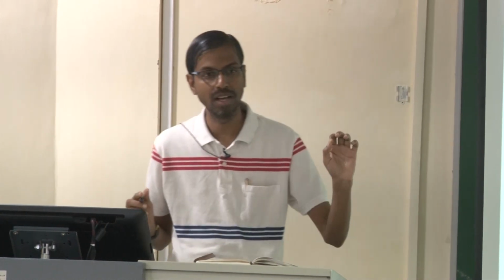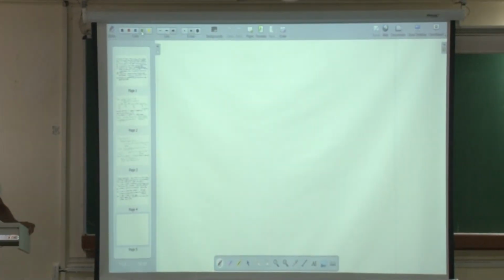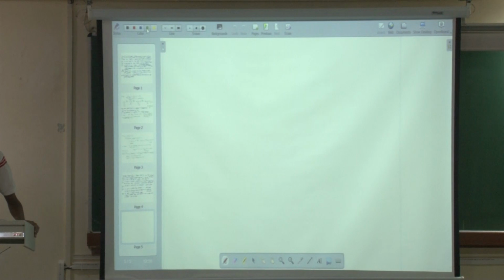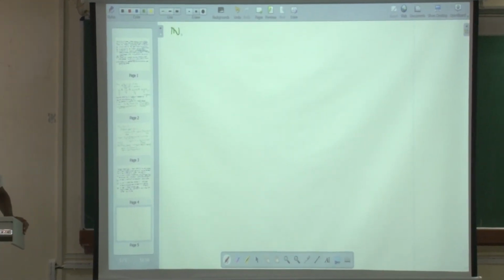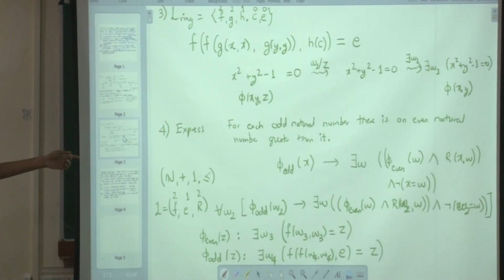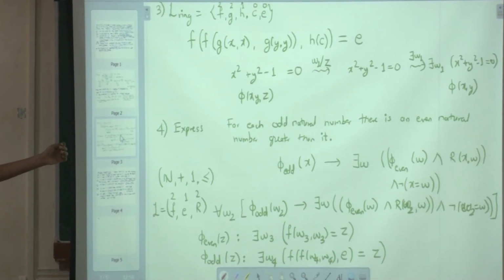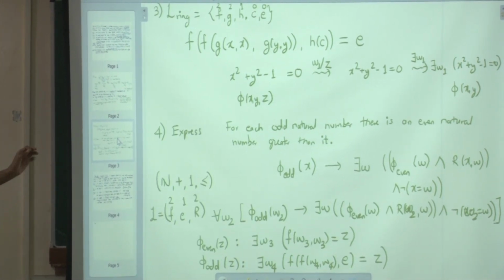I should do one example before we leave. Let us say the same example that we were trying to do here, n plus 1 less equal. And I will only talk about phi even z.